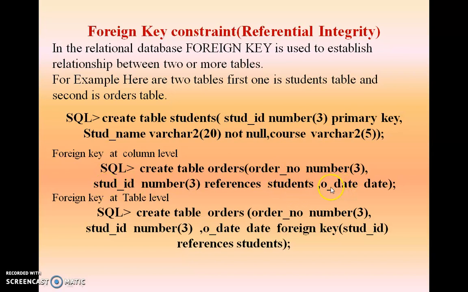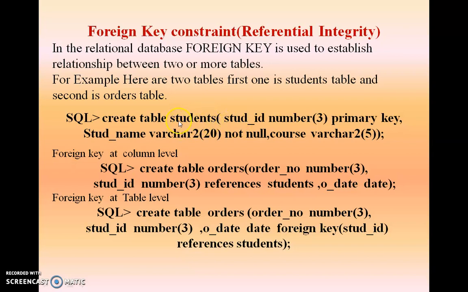Three columns are there. Here, see in this example, I have declared the column order number, its data type and size. Second column student ID, its data type and size. Here I am taking the clause references and a table students. It indicates the student ID column, which is the same as in our prime table student.